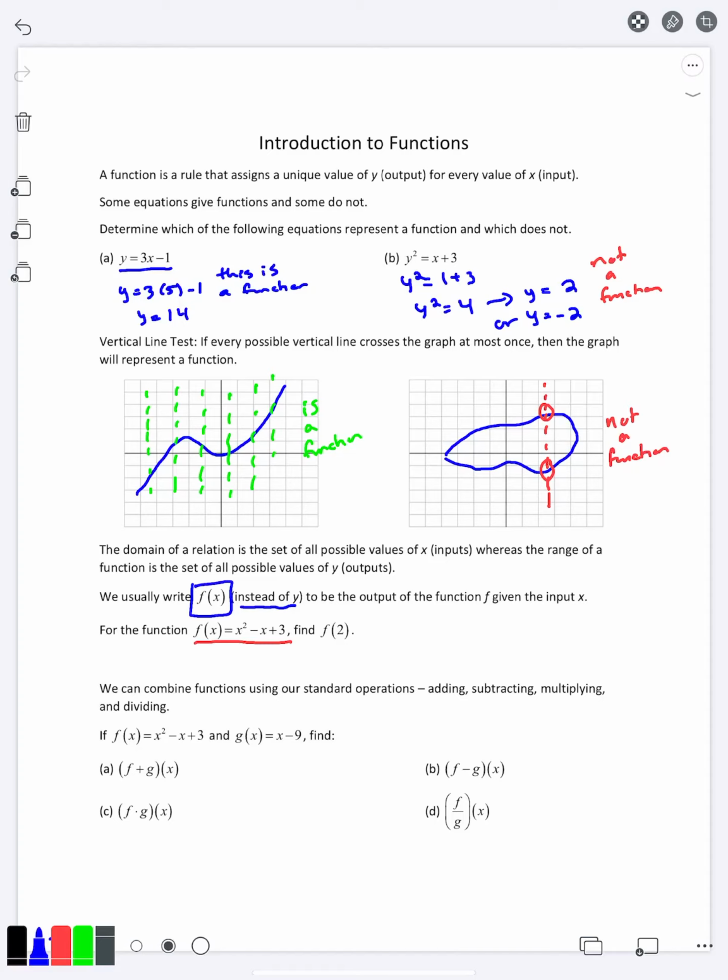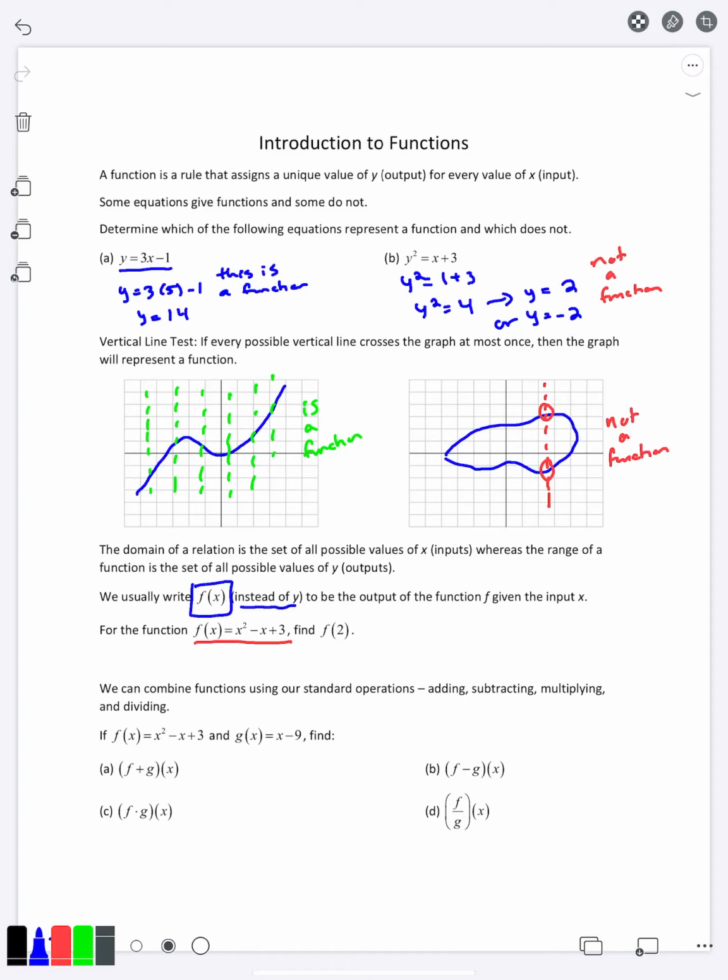It says this is the output when the input is x. And the thing you're talking about, f, is the name of the function. We almost always use f, sometimes we use g or h, but regardless, that's just the name of the rule that we're talking about. And when we write f parentheses next to it, it means here is the output for this rule.